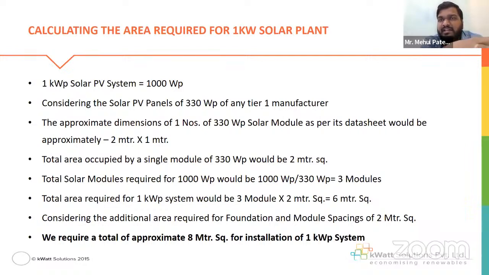In larger scale open access, the electricity bill doesn't come into the picture, because you just need to do the installation, draw the power and evacuate it into the grid or the substation. There is no electricity bill in between. But in rooftop systems, or a small ground mounted system, when captive consumption is there, you need to do the analysis using the electricity bill first, and then using the available area with the customer.